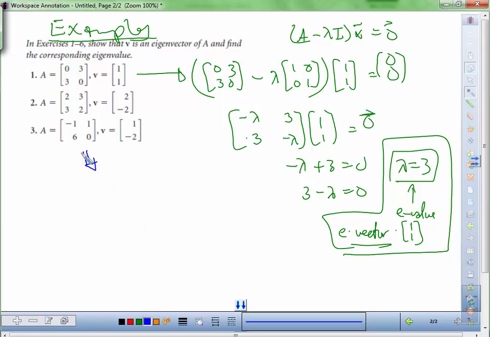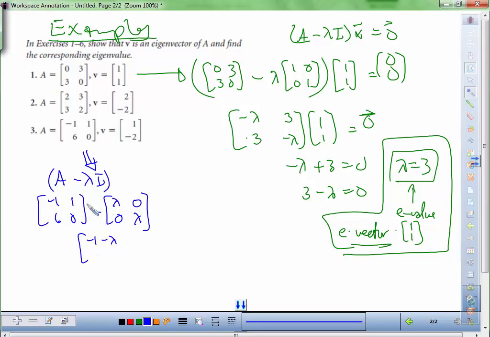Let's do another one. Let's do the number 3 here. A minus lambda I is negative 1, 1, 6, 0. Minus lambda I, so lambda 0, 0, and lambda. We got minus 1 minus lambda, 1 minus 0, 6 minus 0, 0 minus lambda.